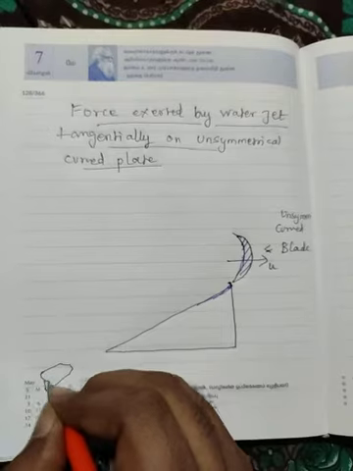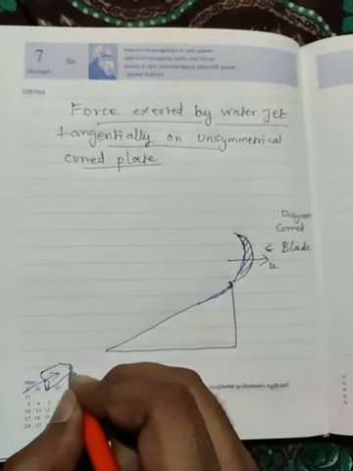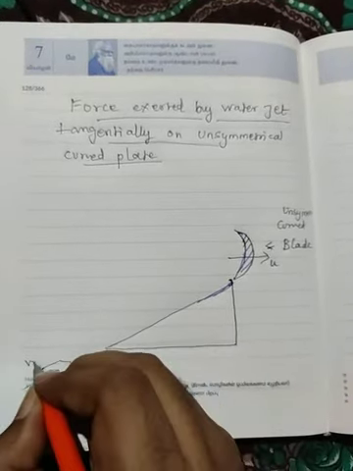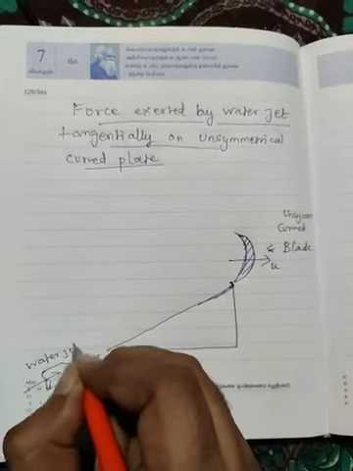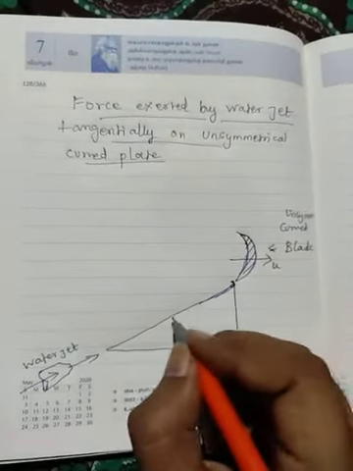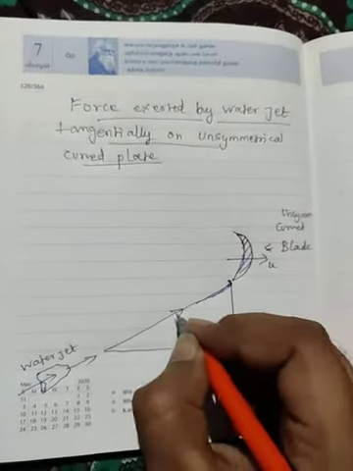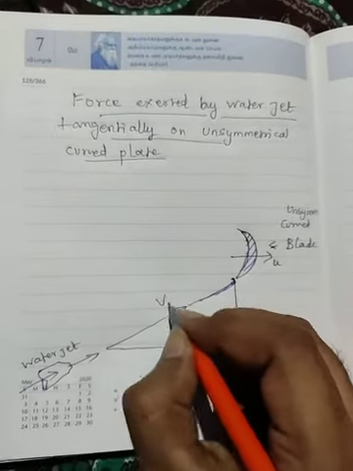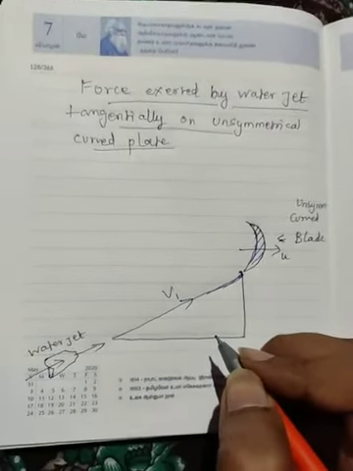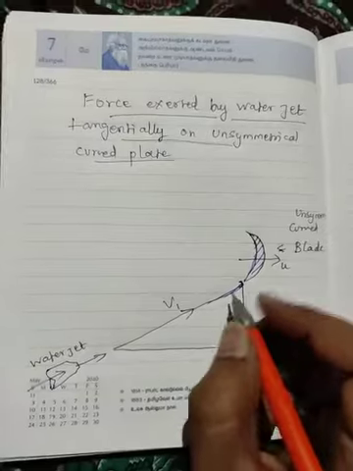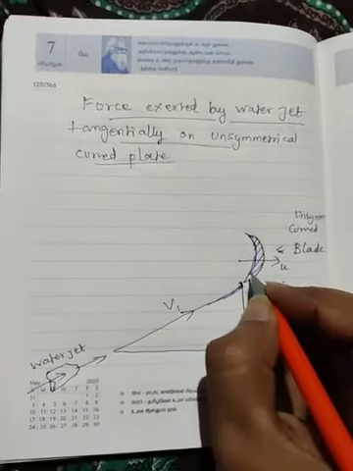This is the water jet through which it is approaching the blade. The water jet has a certain velocity, which is v1. Blade velocity is u.